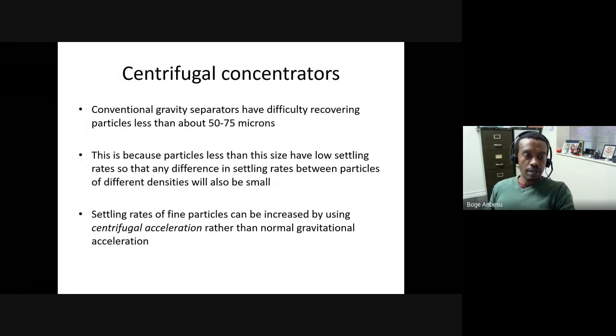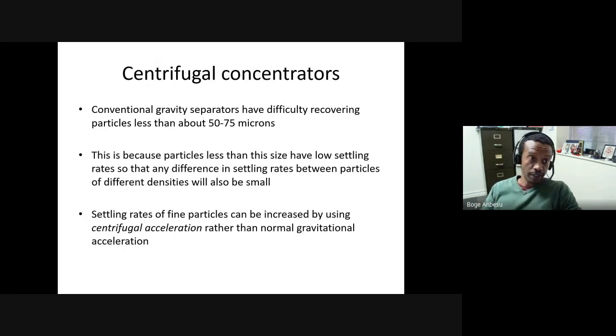Okay, so all the separators I mentioned so far usually work well at coarse particle size. When I say coarse particles, it's usually well over 100 microns, because as particles get smaller and smaller, the impact of density becomes smaller and smaller as well. And therefore, separating them just based on density or gravitational acceleration becomes a bit challenging.